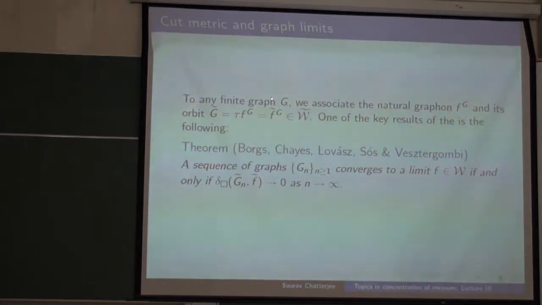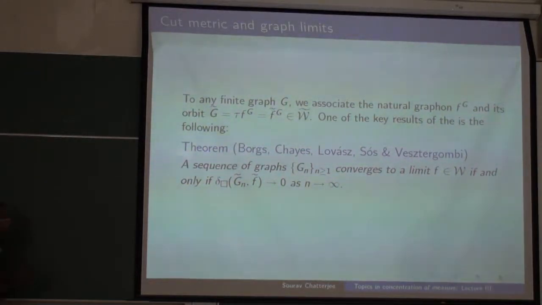Any finite graph G has an orbit G tilde. You take a finite graph, you take the function corresponding to that graph, and you take its orbit G tilde. So any finite graph has a natural embedding into this quotient space. What these authors proved is that a sequence of graphs G_n converges to a limit f in the sense that we defined in terms of homomorphism densities.